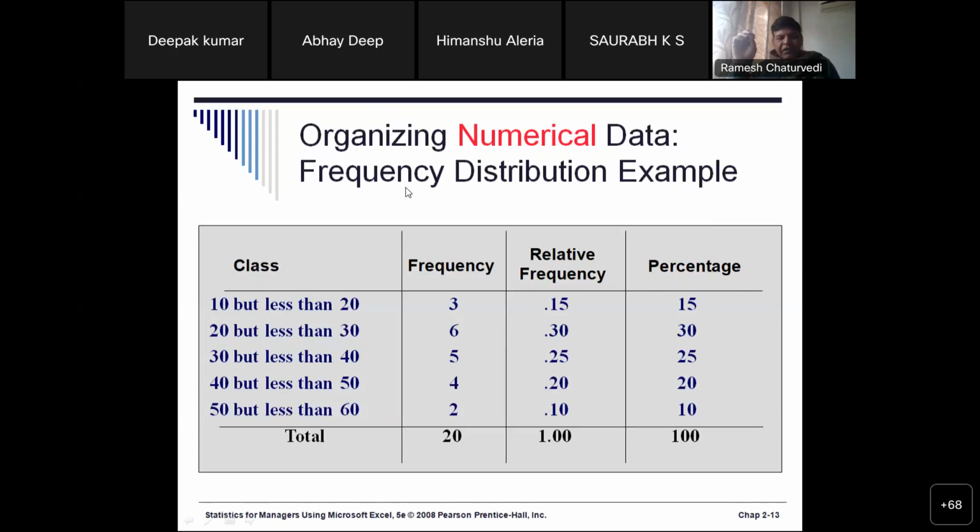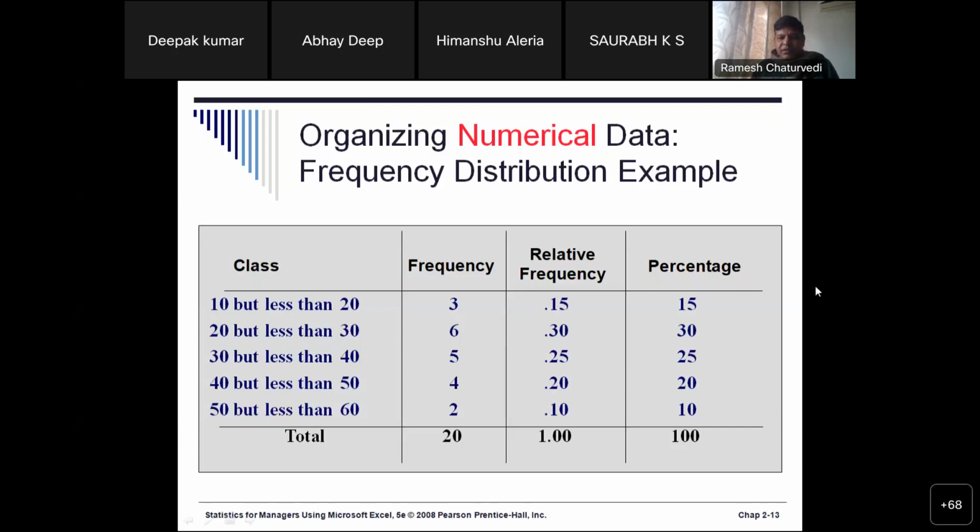So 3 divided by 20 into 100, that comes to 15. It is 0.15.